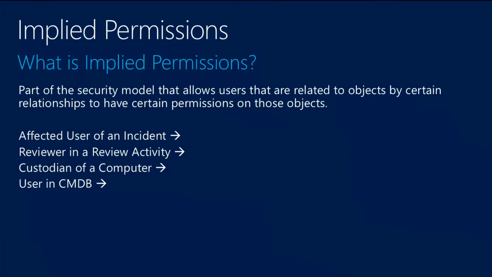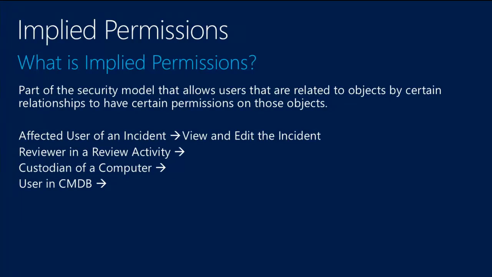Then we have something called implied permissions. Implied permissions is a part of the security model that allows users that are related to objects by a certain relationship to have certain permissions on those objects. What the heck does that mean? Well, if you're the affected user of an incident, implied permissions will give you the permissions to view and edit that particular incident.